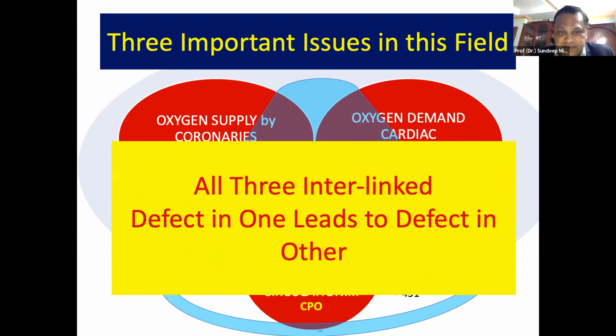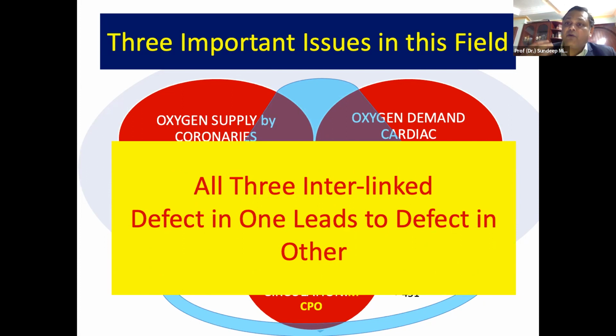So let us see how all these three things are interlinked. In a given cardiogenic shock, we have to determine whether the cause is predominantly decreased blood supply by the coronaries, or increased oxygen demand by the cardiac tissue, which can happen at certain times, especially in heart failure.